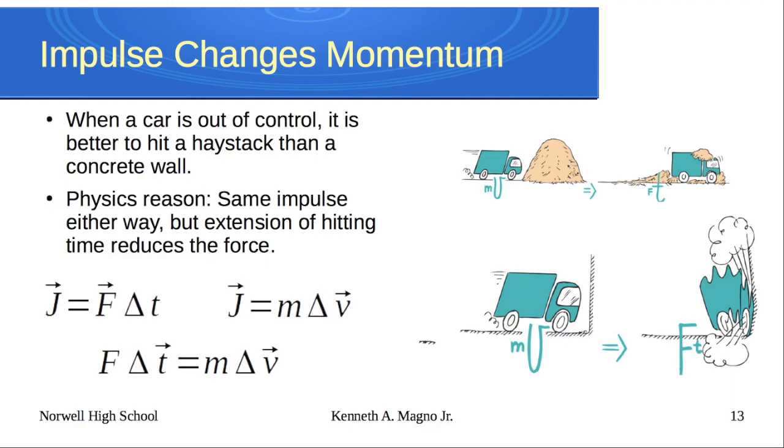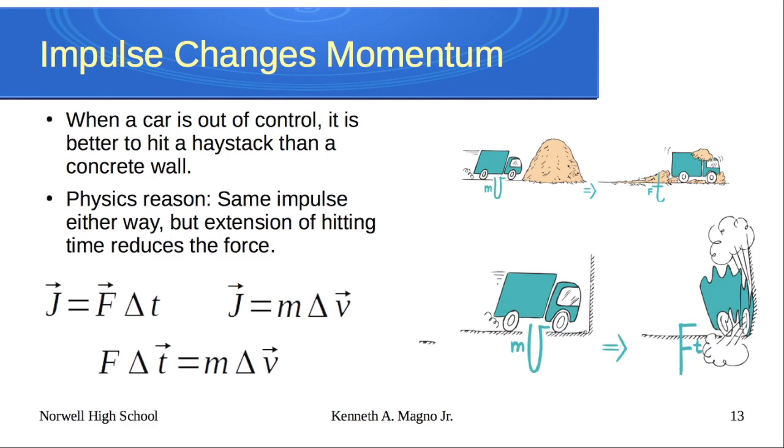We actually engineer this into cars. When we think of crumple zones in cars, the whole point of the crumple zone is to make the car stop in a larger interval of time. Instead of a solid car, like a Matchbox or Hot Wheels car that doesn't crunch or crush. That's bad, because then all the forces are transferred into you. You stop in a shorter interval of time.